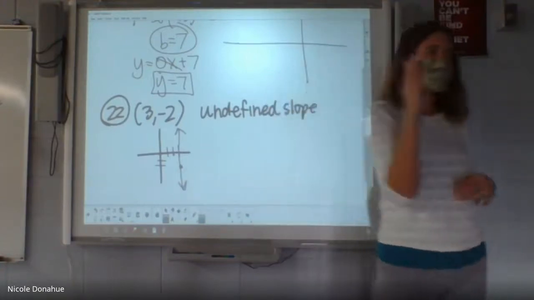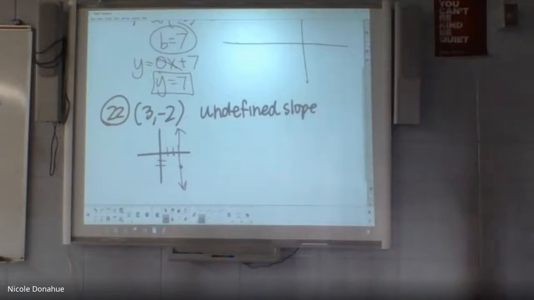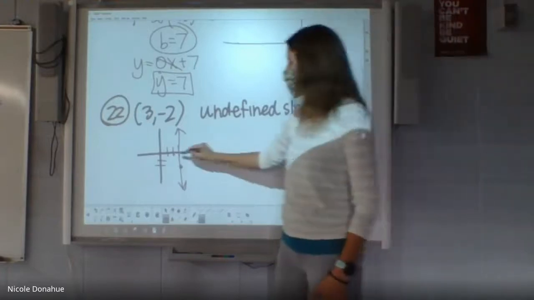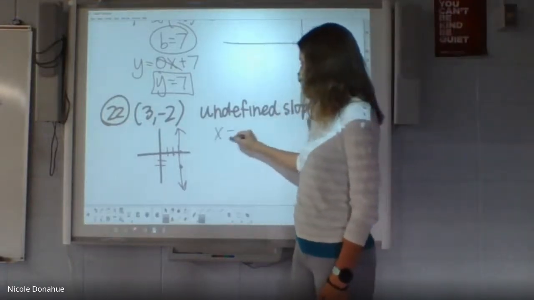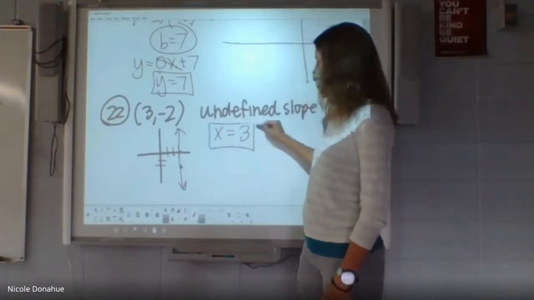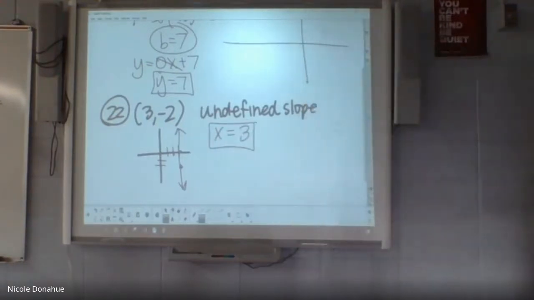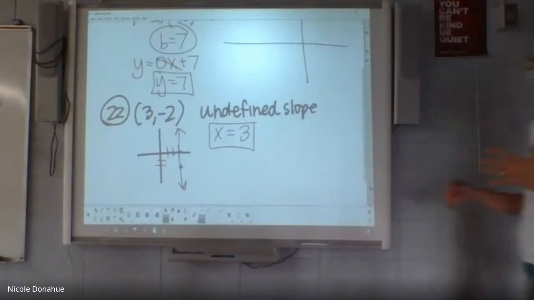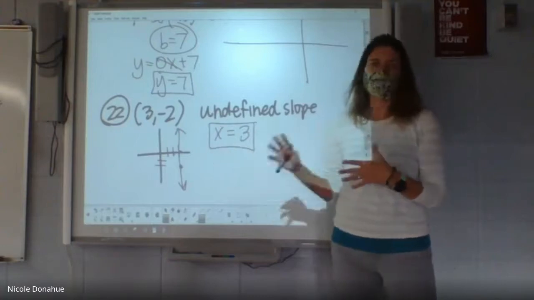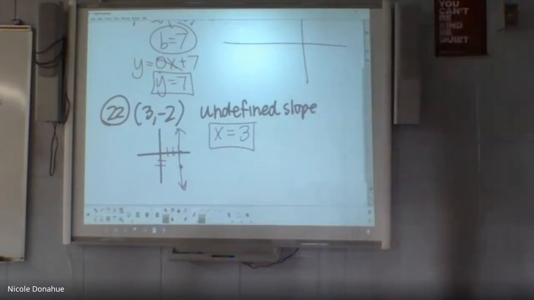X equals is going to be our vertical line. That means x is always going to be 3. So x equals 3 would be this equation. It's a vertical line at 3. So x equals negative 7 would be a vertical line at negative 7. Whatever x equals, if it's just a single x, it's going to be a vertical line all the time.